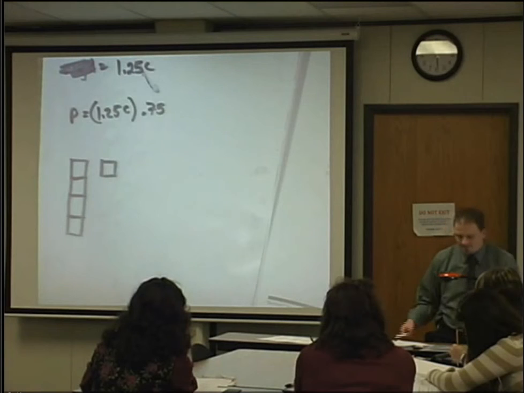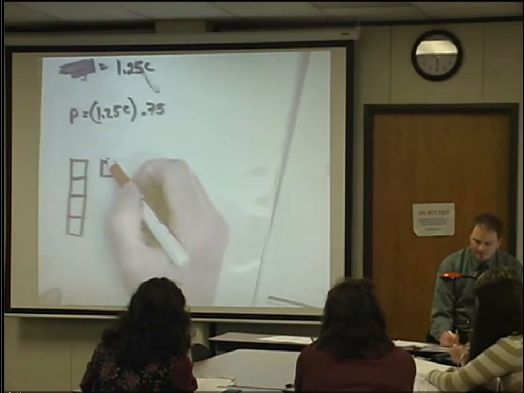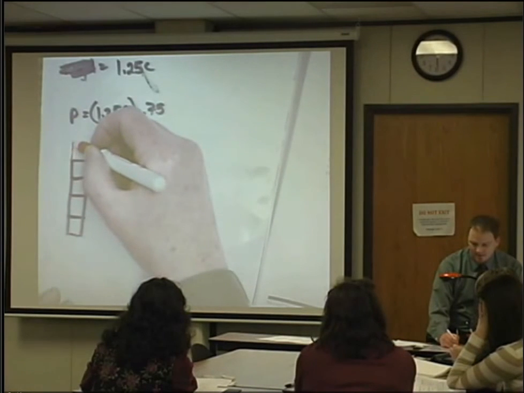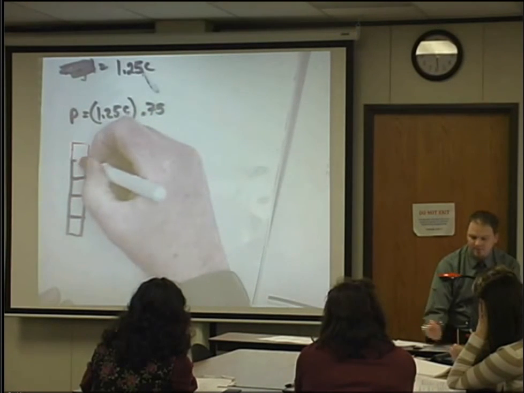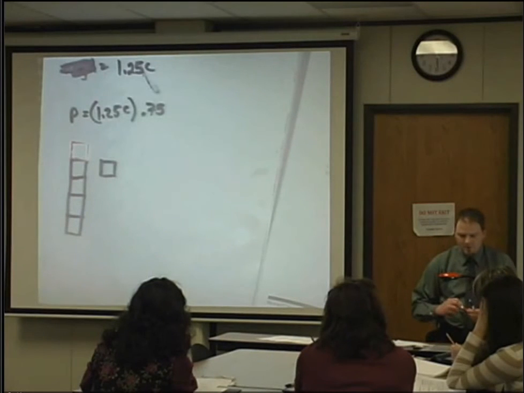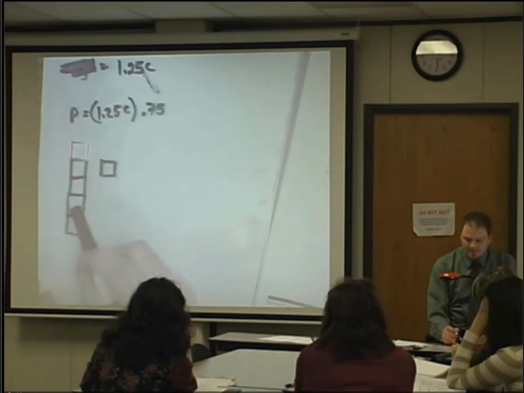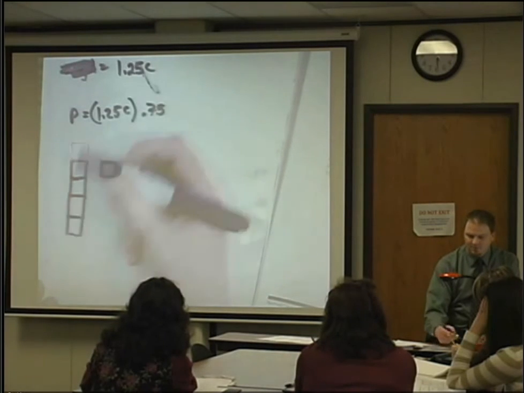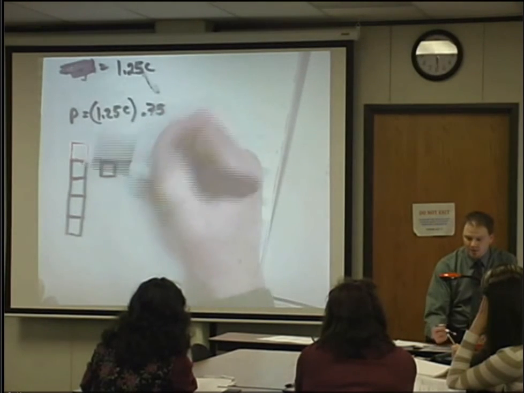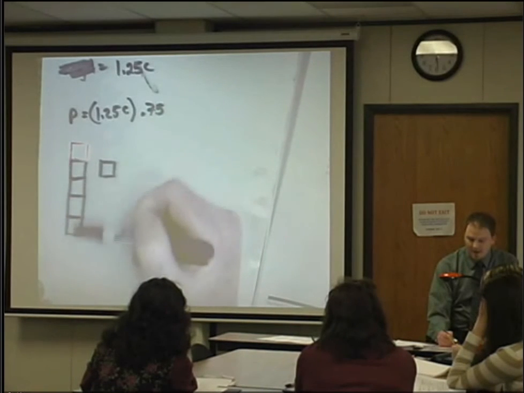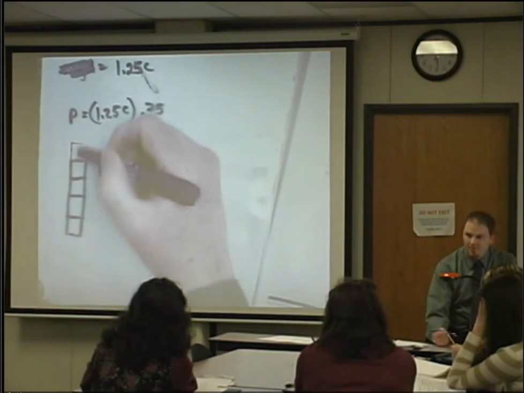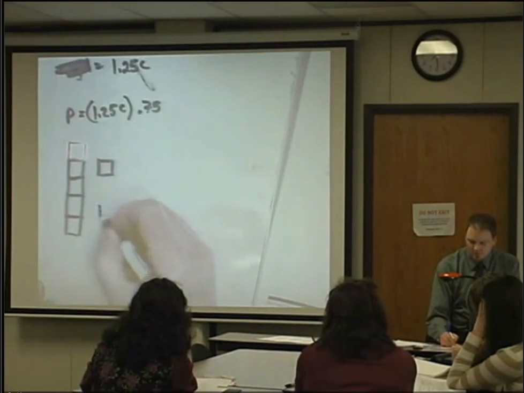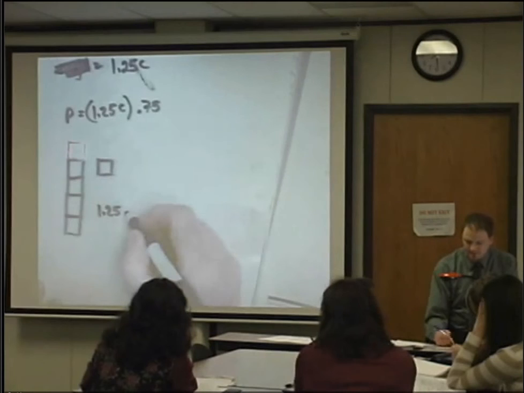I can move that piece over and add it on to the top. So I've now got the original cost plus an additional 25%, which is 1.25C.